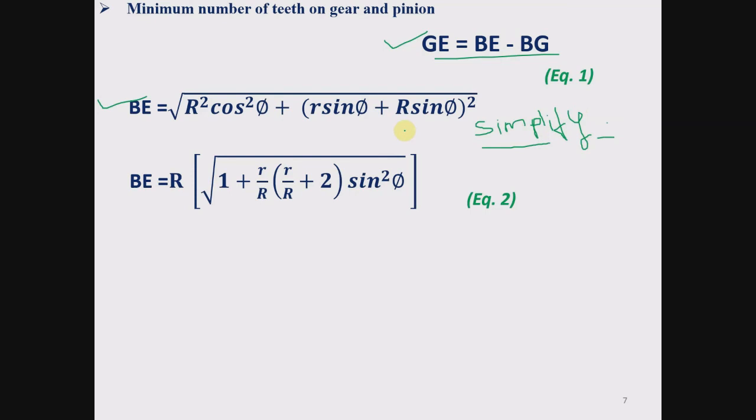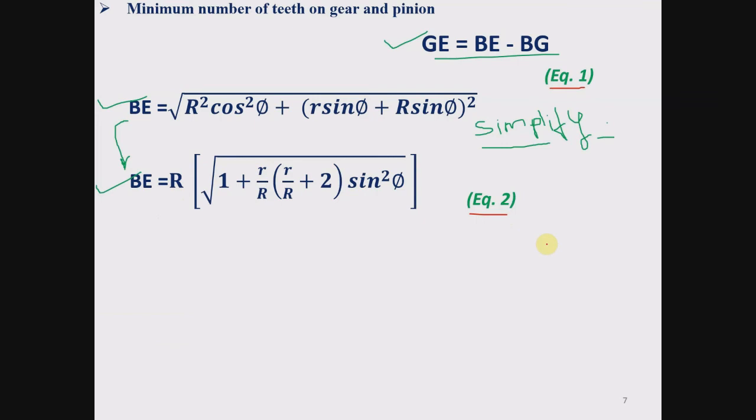You can study the notes and look how this equation is simplified. It's very simple. We will not waste our time. So after simplifying this, directly write down the equation for BE. BE is equals to this equation number 2. Write down this equation number 2. Okay, so this is our equation number 2, this is equation number 1.